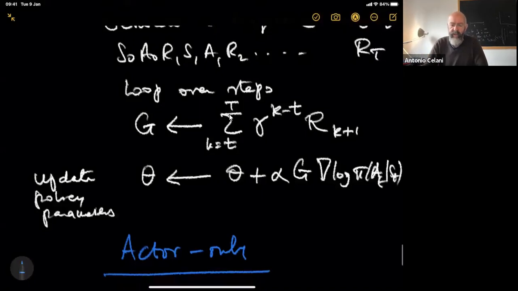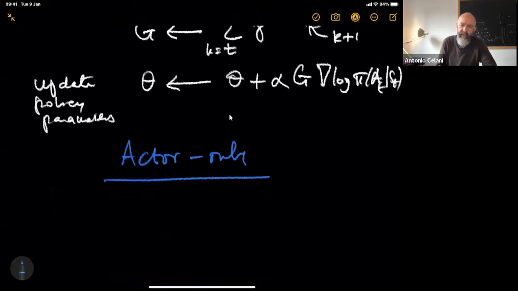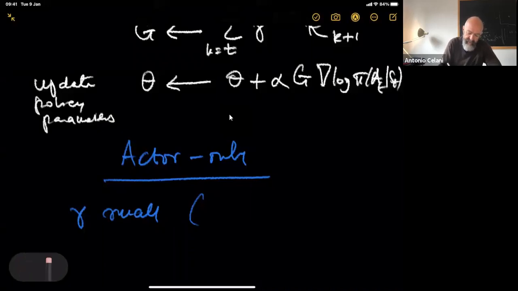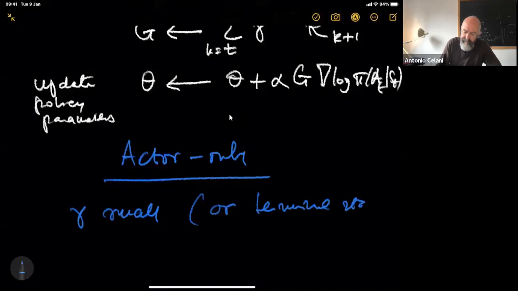The situations in which these algorithms are good is when gamma is small, for instance, or a terminal state is reached quickly.